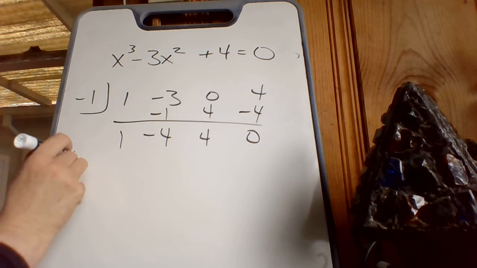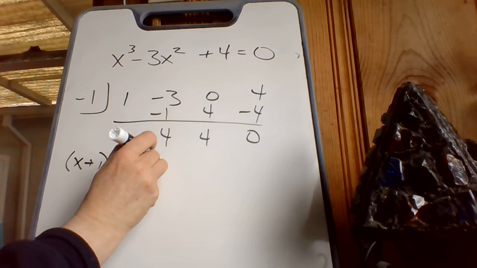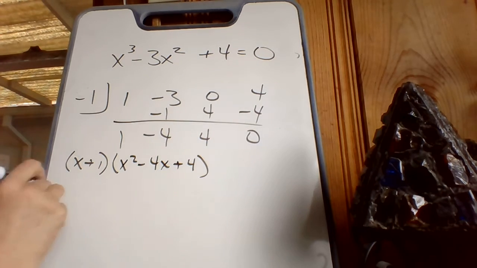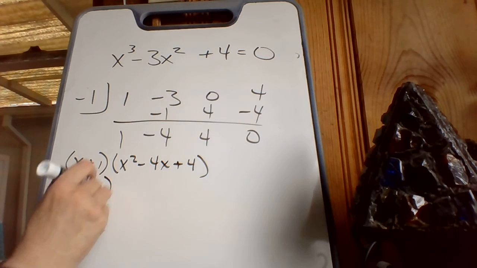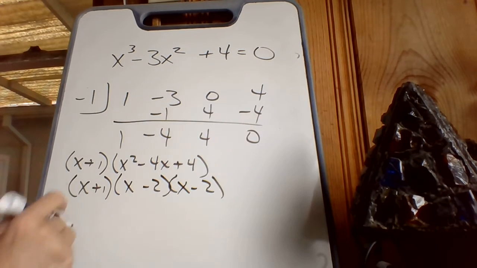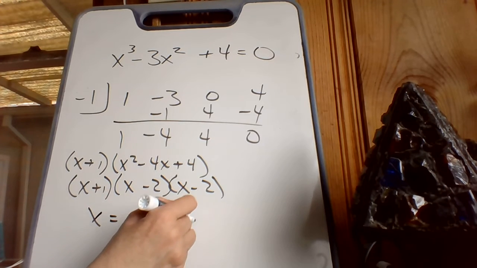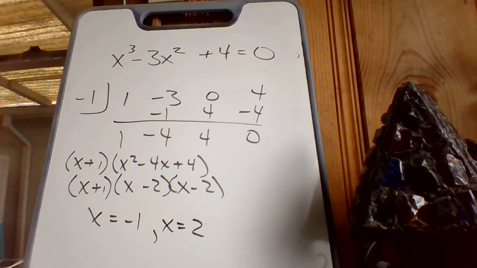So this is x plus 1 times x squared minus 4x plus 4. So x is either equal to negative 1 or x equals 2. Double root again.